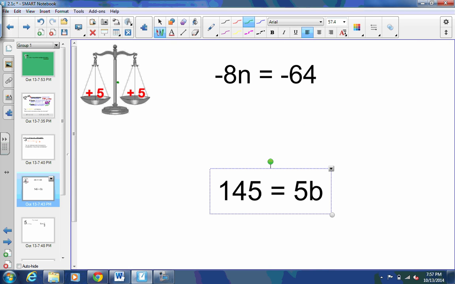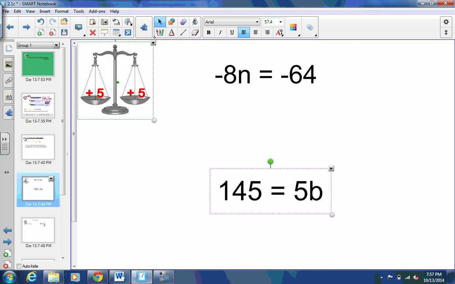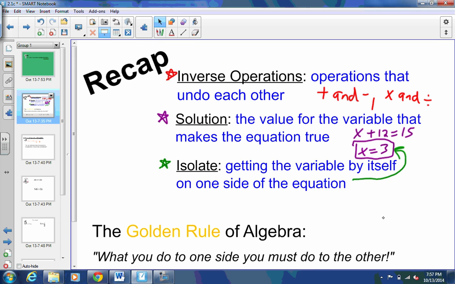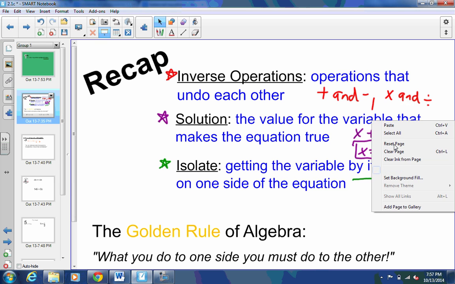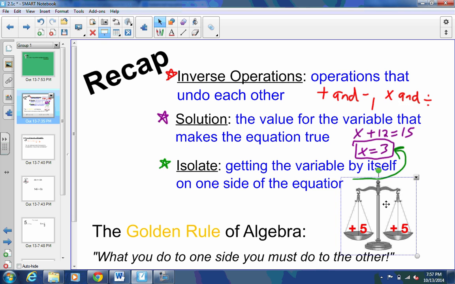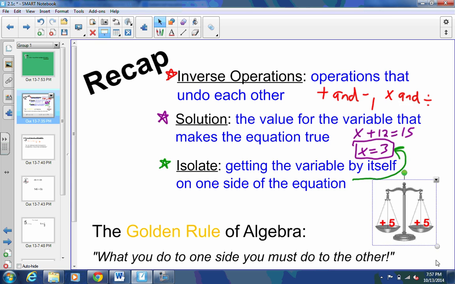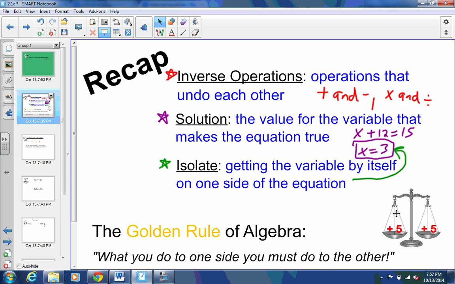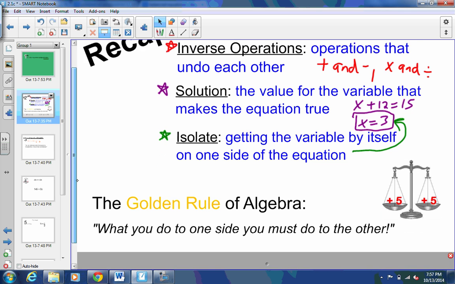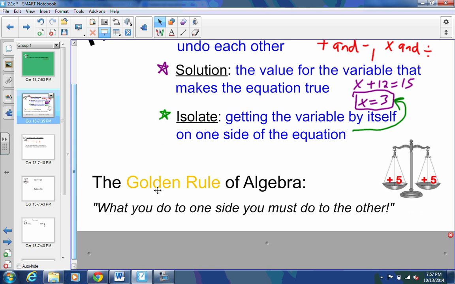If you want to think of the balance, a scale like this, or a teeter-totter, or something similar, if you add something to one side, in order to keep it balanced, you have to add that same thing to the other side. If you add 5 to one side, you have to add 5 to the other side. If you subtract something from one side, you have to subtract it from the other.